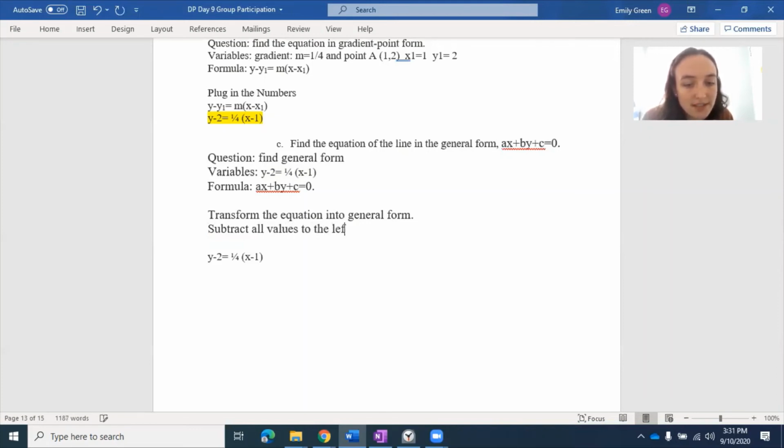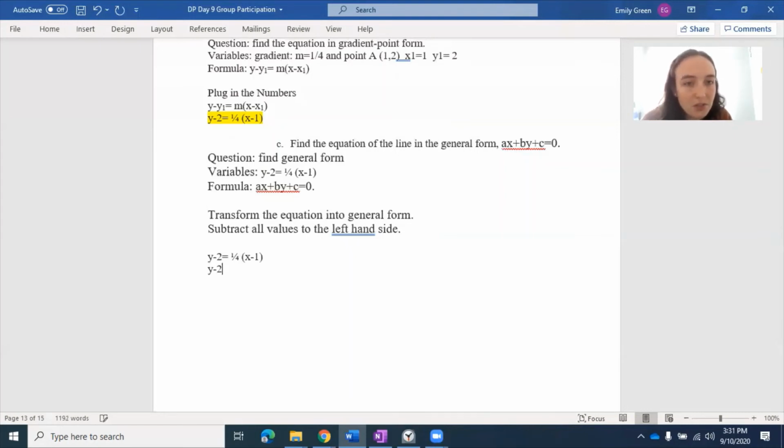I want to subtract all values to the left-hand side. Before we do that, we are going to multiply this out. So we're going to follow that PEMDAS order of operations, and we're going to get rid of the parentheses first because it'll be a lot easier for us later.